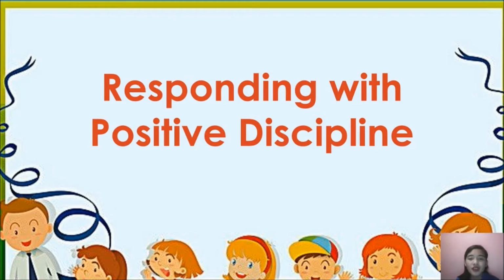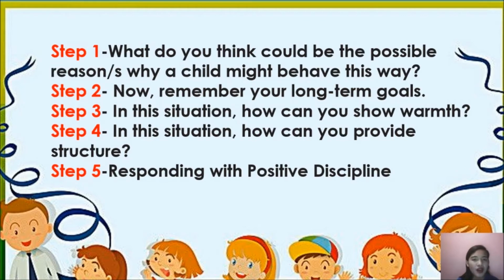And responding with positive discipline, I have here different examples where we are going to respond based on the positive discipline approach. We have 5 steps. First, what do you think could be the possible reasons why a child might behave this way?